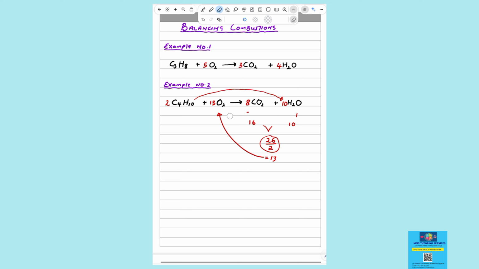Let's take another example and see. Let's pick up a compound like ethane. It's a small one, but let's look at it. Example number 3.